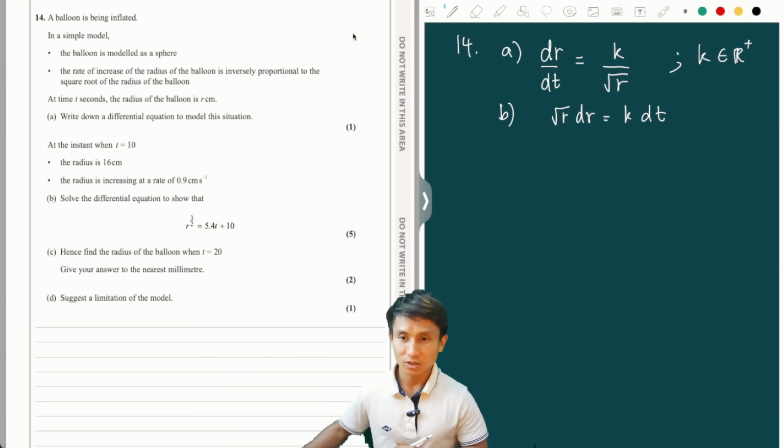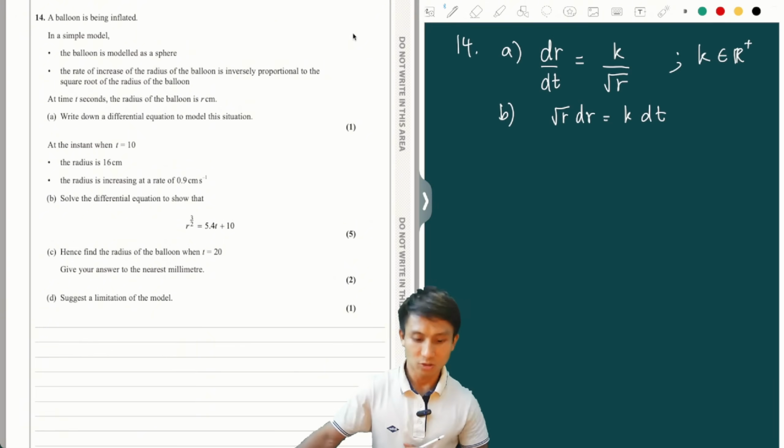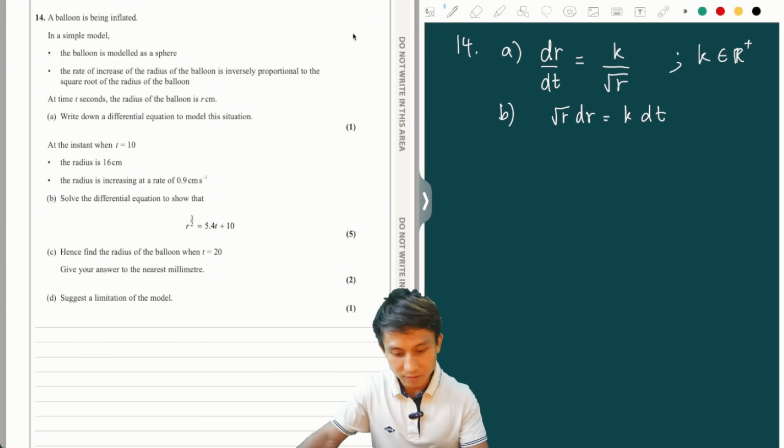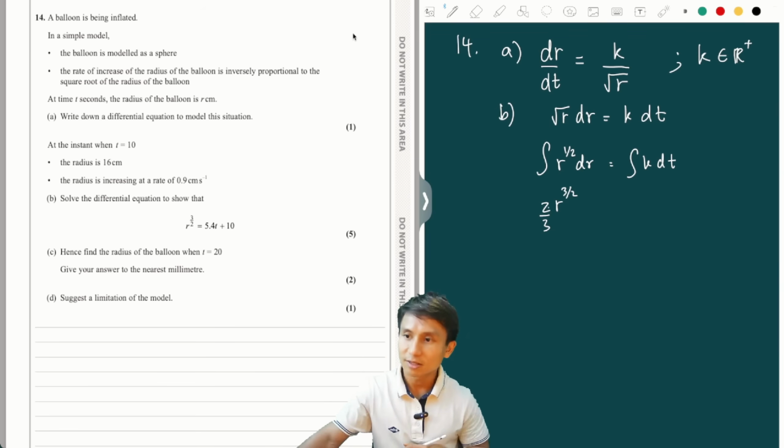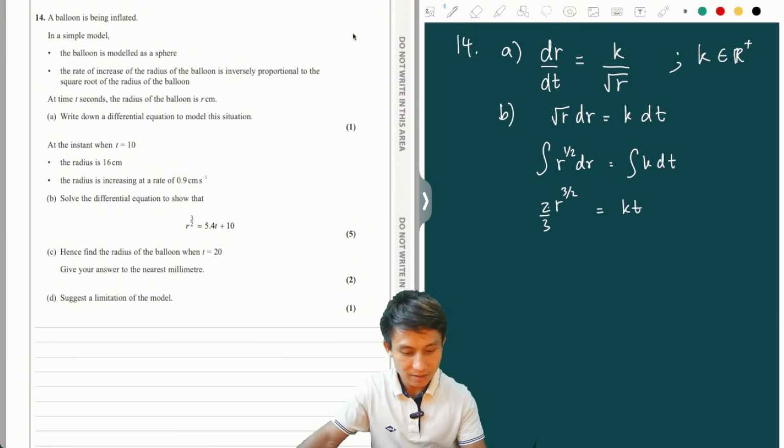Okay, so we are integrating both sides. This is r to the power of half dr, and that is just k dt. So that becomes r to the 3 over 2 times 2 over 3. That is just the power rule there. Equals kt plus c.